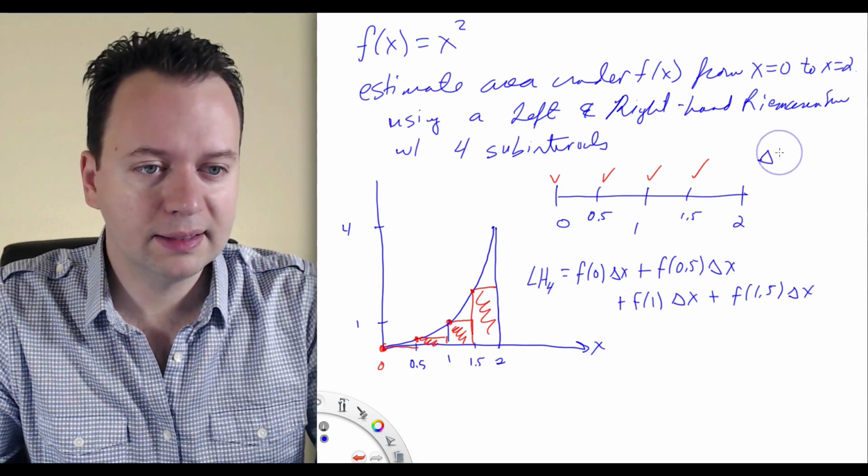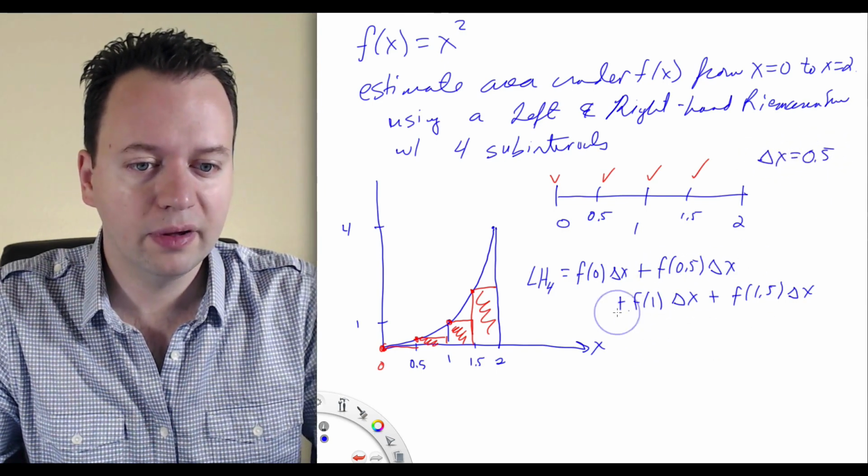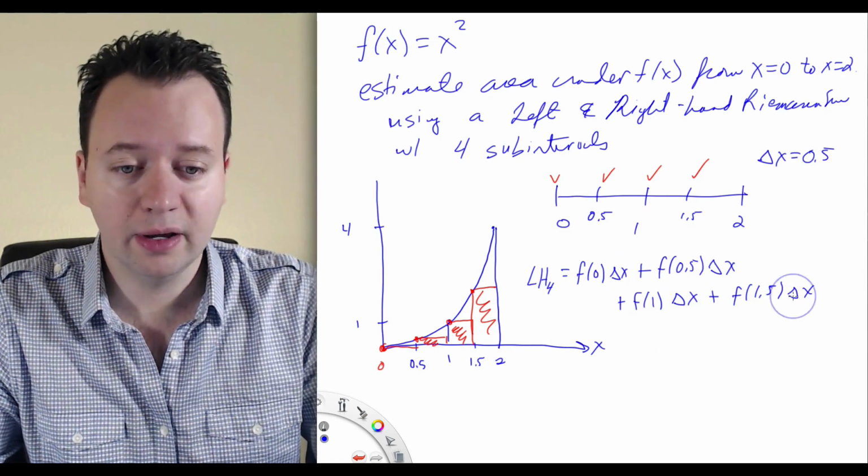Now delta x is equal to 0.5, and each term has a delta x, so I can pull that out.